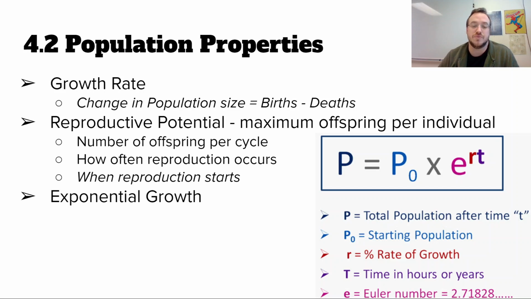How often reproduction occurs. So if a baby is born on average once a month, once a year, once every 3 or 4 years, once a decade even for some animals like tortoises. And then when reproduction starts actually has the largest impact on the reproductive potential of an individual.